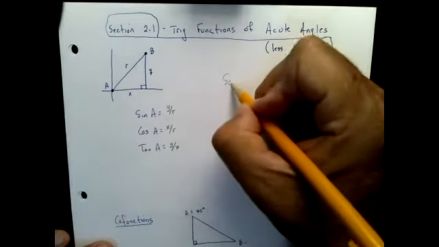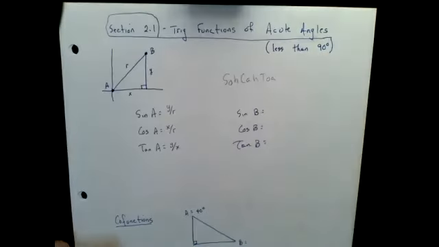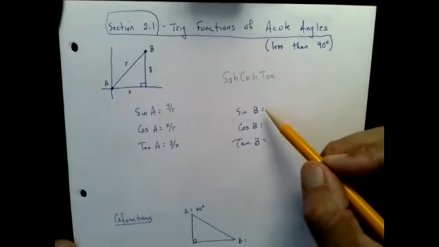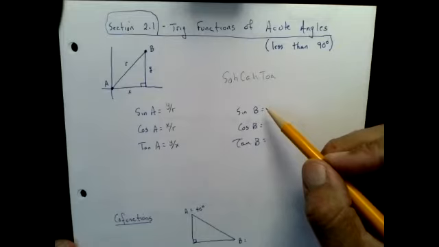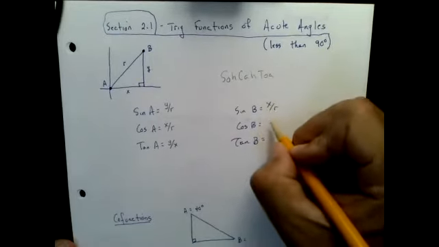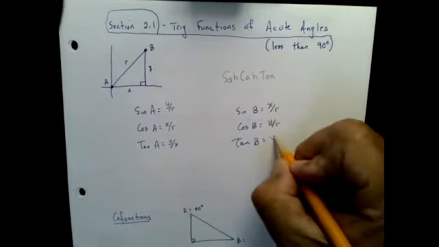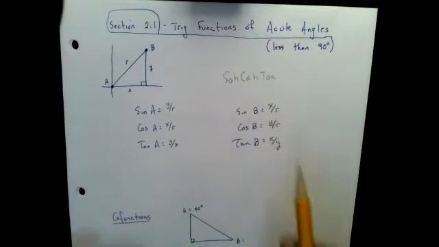I've got to keep writing this down. So, SOH CAH TOA. Sine of B, X over R. Cosine of B, Y over R. Tangent of B, X over Y. Check this out.